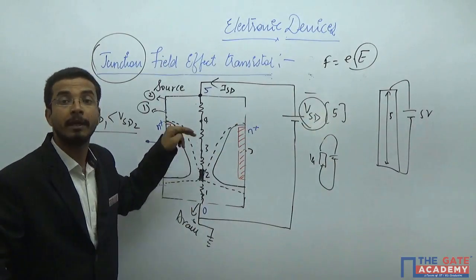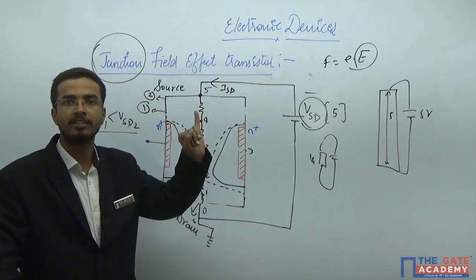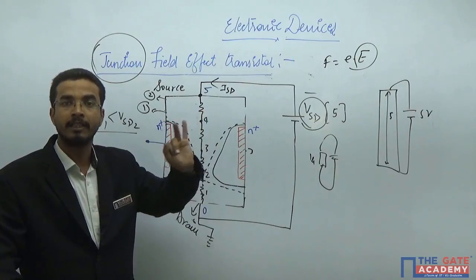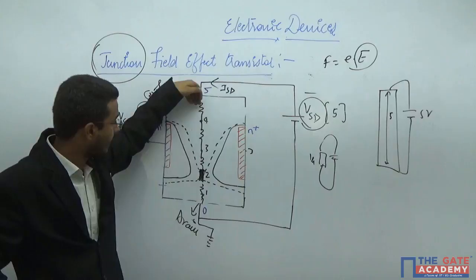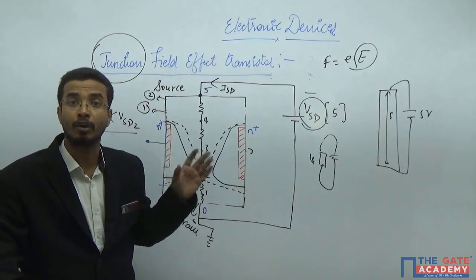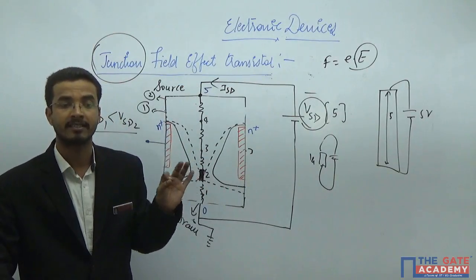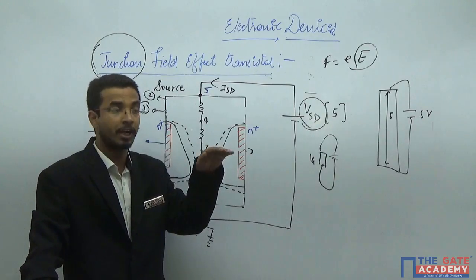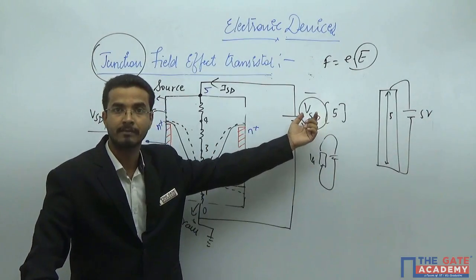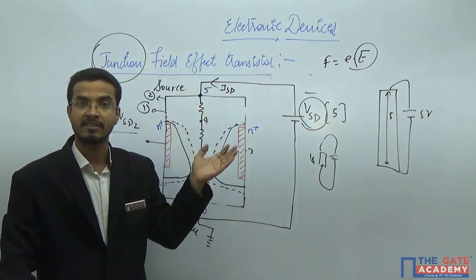Then the current will become constant. Now a fixed number of particles will move along this and the current will become constant, and that region is known as the saturation region, where the current will become constant irrespective of your applied voltage, and that part is known as saturation.